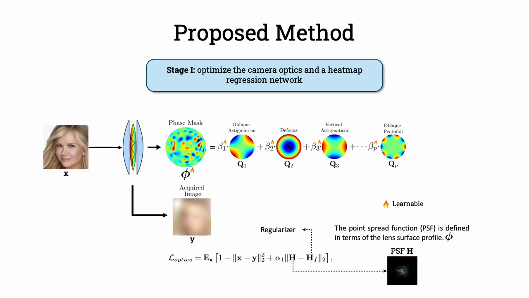The face mask we learn modulates the light to produce visual distortion. In our training, to encourage image degradation, we minimize the difference of the acquired image Y with the original image X. Also, for easier and faster convergence, we promote symmetry and low frequency using a predefined defocus point spread function as a regularizer.